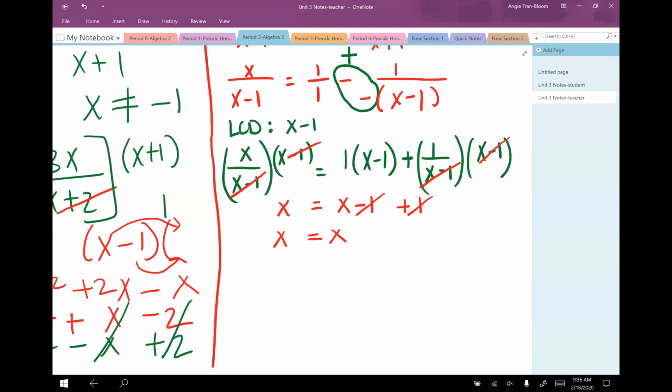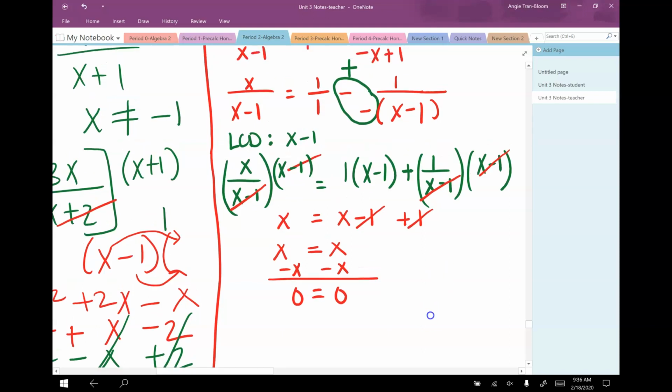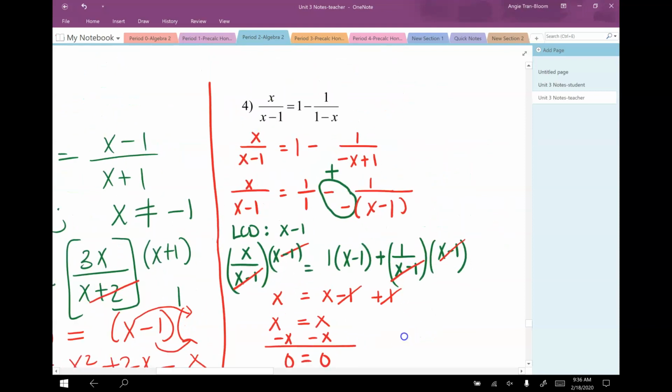Technically, you can see it from here. x equals x, is that always true? Yeah. You can even move it and set it equal to 0. Is that always true? 0 equals 0. Perfect. So technically, now we want to write all real solutions, except Chris earlier said, go back and check what, Chris? Restriction. Let's go back and check.